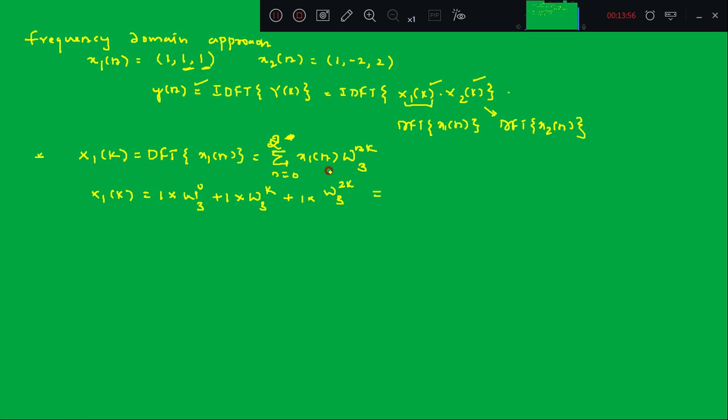So W3 raised to 0 is 1, so 1 plus W3^k plus W3^2k. So this is my X1 of k.